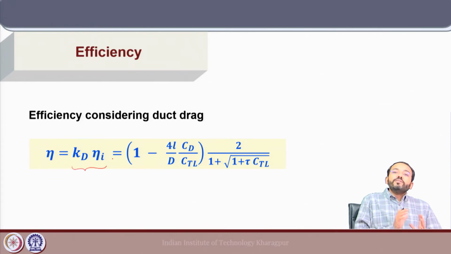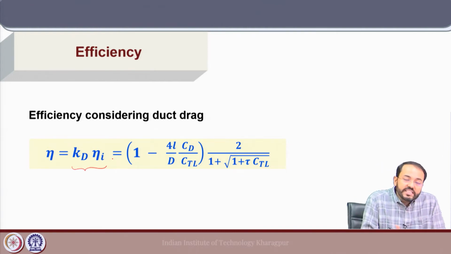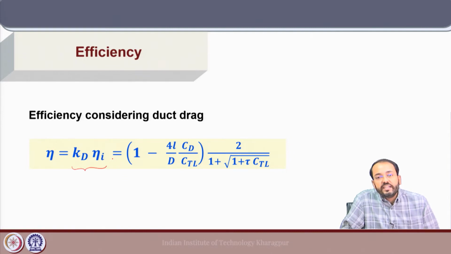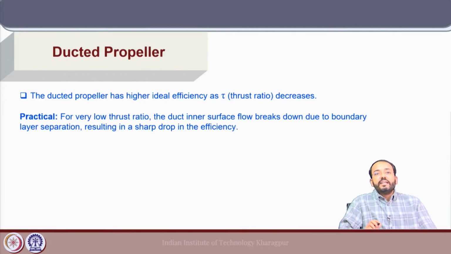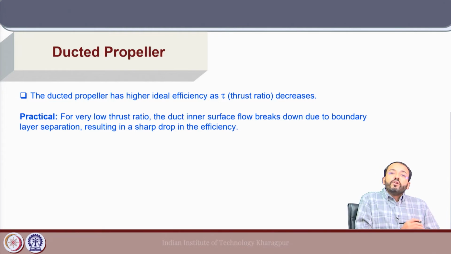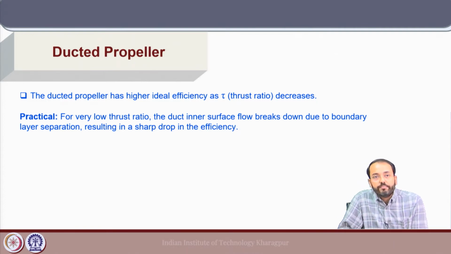So, first we use axial momentum theory to estimate the ideal efficiency for a ducted propeller, which is a function of tau and CTL, and then we use a duct drag correction factor to estimate the efficiency by considering duct drag of the ducted propeller system. Next, we have to look into each of these factors and what is the influence of these factors on the efficiency of the ducted propeller system.